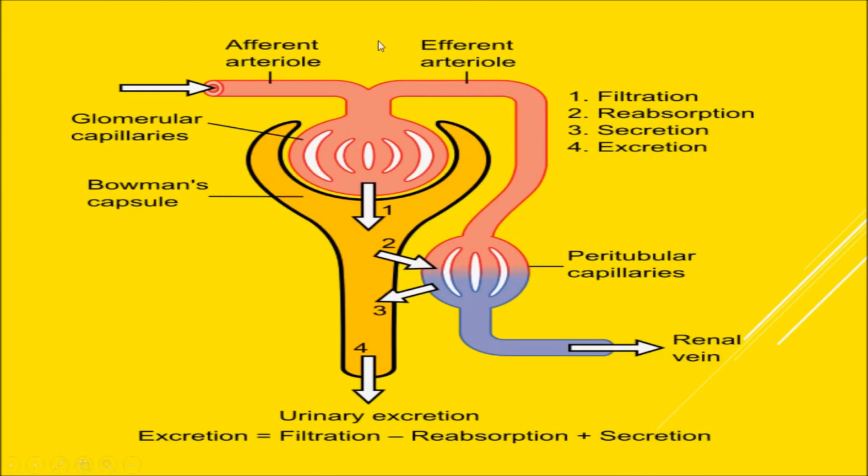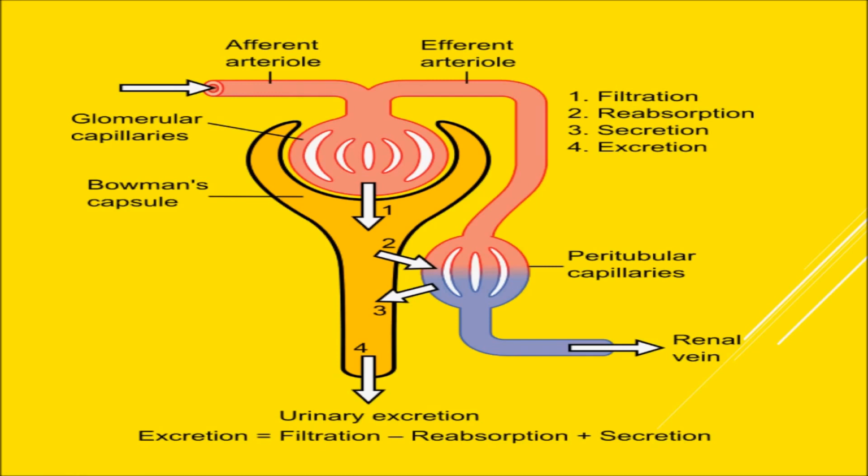See, this is the afferent arteriole, and this is the efferent arteriole. And what is this? This is the glomerulus, a knot of arterioles. These are the glomerular capillaries, and from here blood enters from the afferent arteriole, and because of the high blood pressure, it pushes plasma out of it.